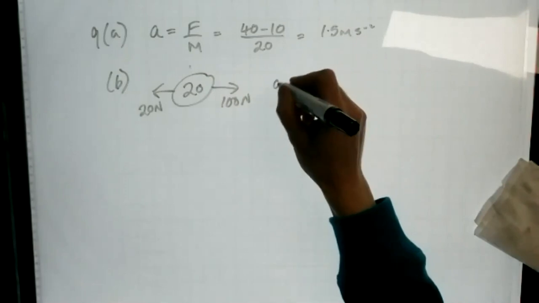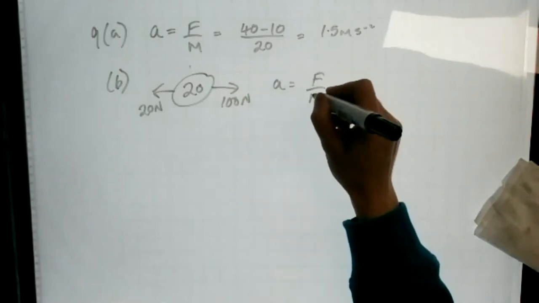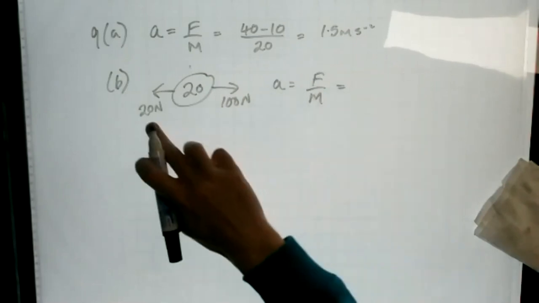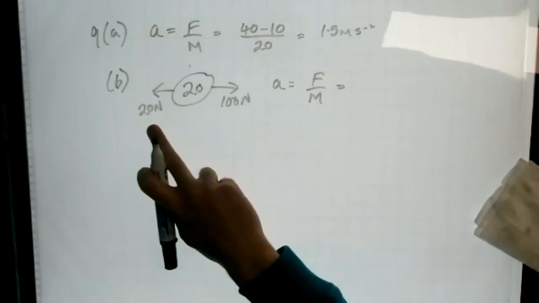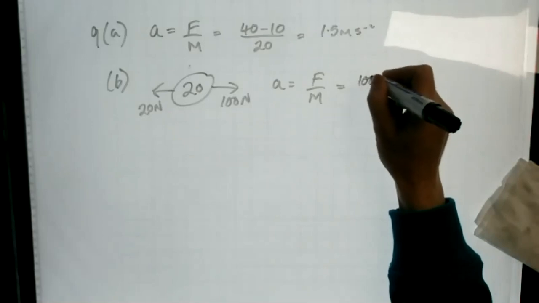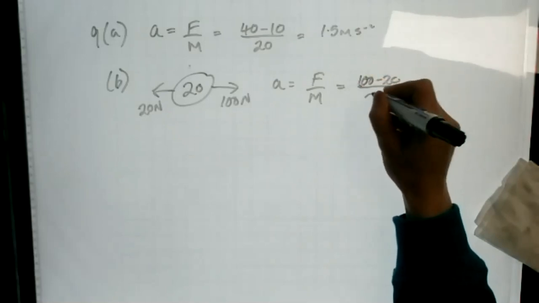So it is testing the force and mass. Resultant force is the vector, so it is K minus 20 and 80, with mass 20.